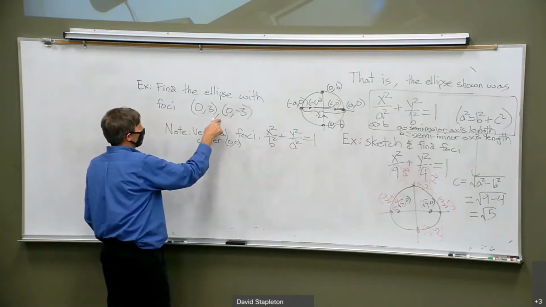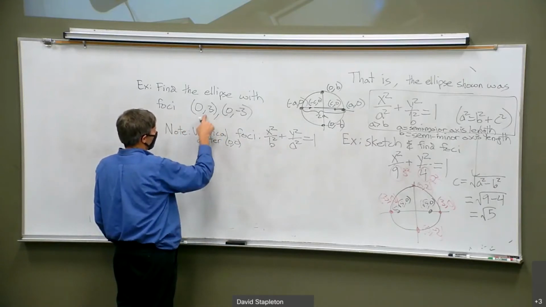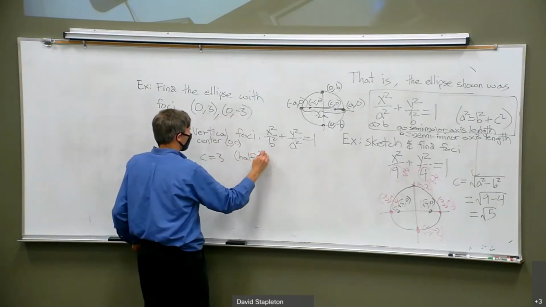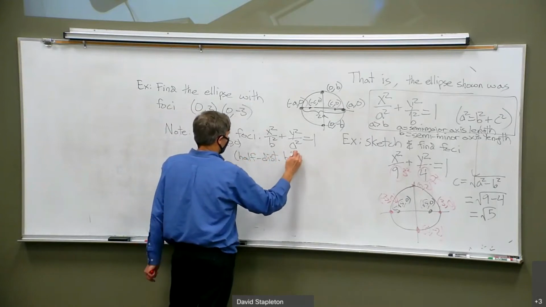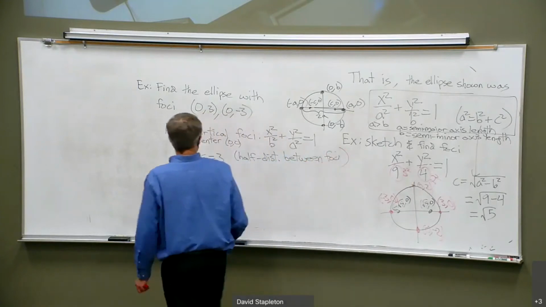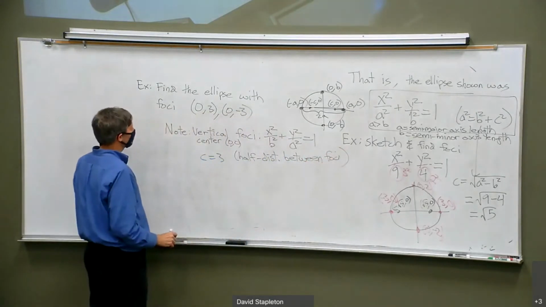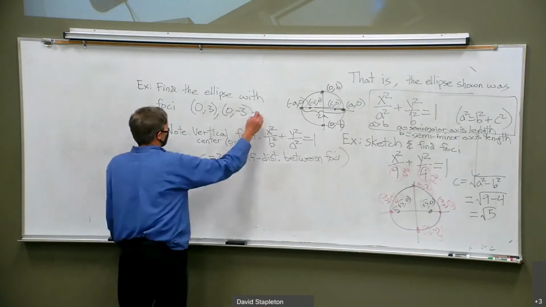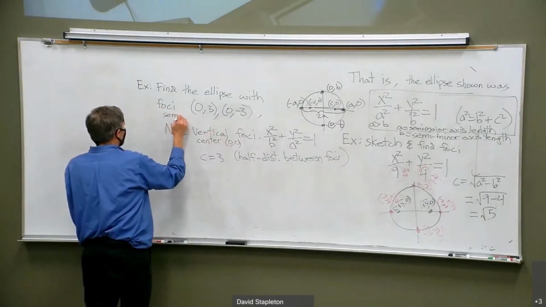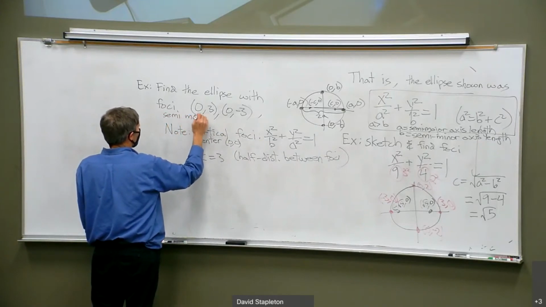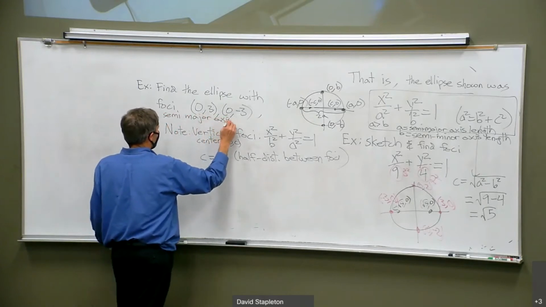And so we can find this one. What is the focal distance? c is half the distance between the foci, which is 3. Oh, and I need one more thing here: semi-major axis length 5.